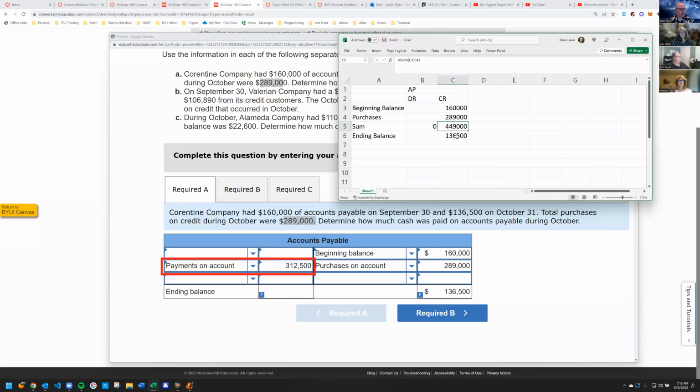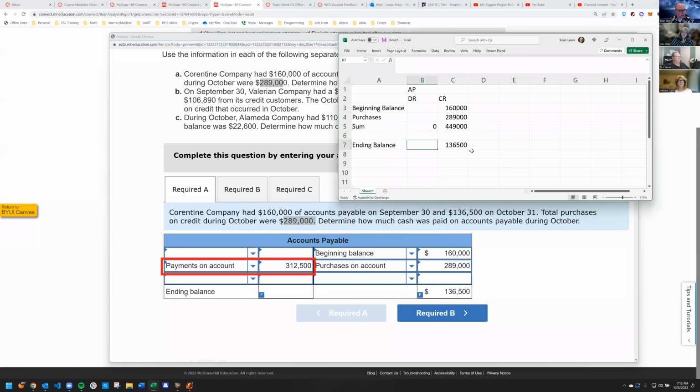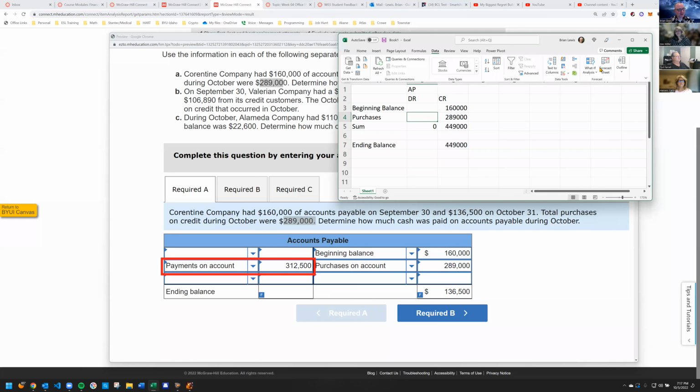Okay. So one way of doing this, a couple different ways, this equals that minus that. Now I've got it set up so that effectively I can just figure out what purchases should be in order to get to this. Now I'm going to show you a little trick in Excel if you do a little what-if thing, right?